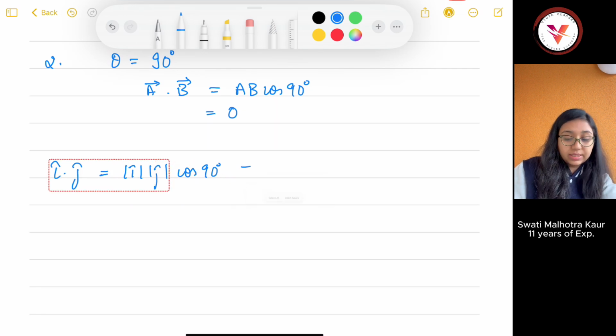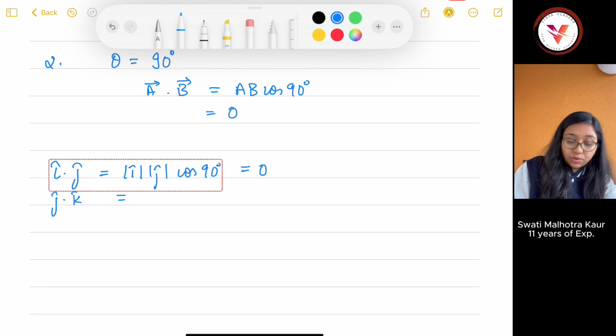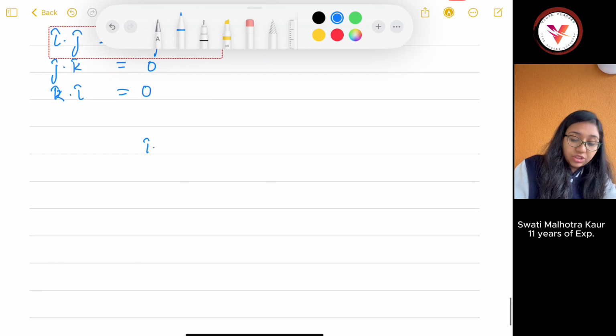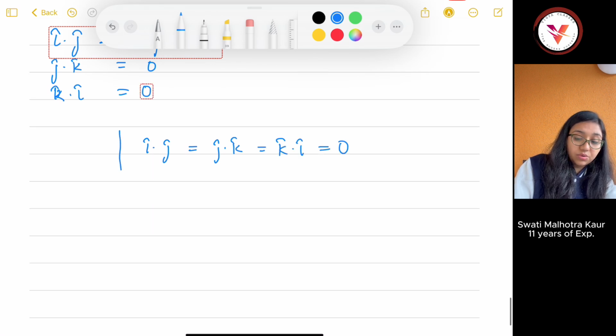That gives me 0. That means j dot k also gives me 0. That means k dot I also gives me 0. So I dot j, j dot k, k dot I, everything gives me 0. Again, something to remember.